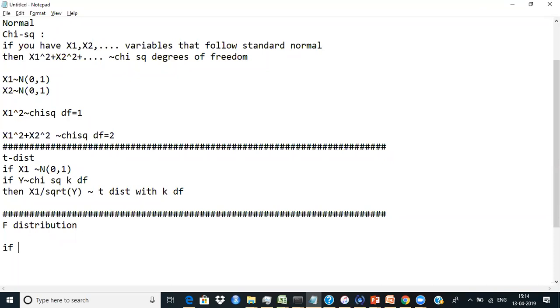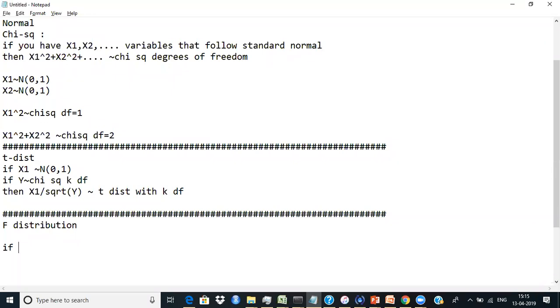Now, F distribution. You understand chi-square and T? Third is F. What is this DF? DF is degrees of freedom. K can take any value between 1 to infinity.